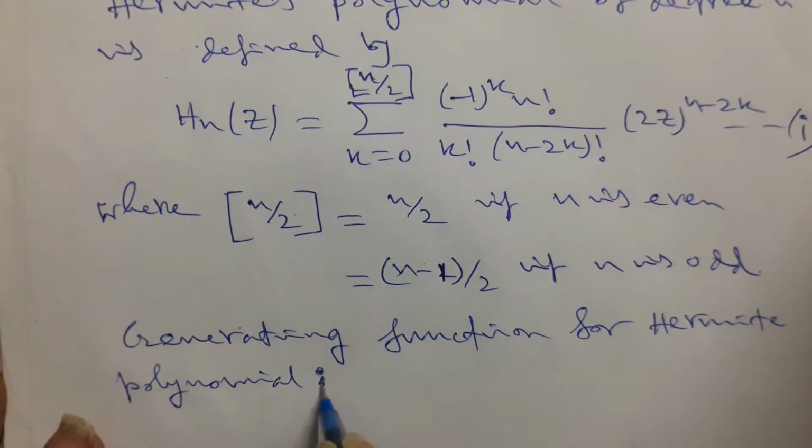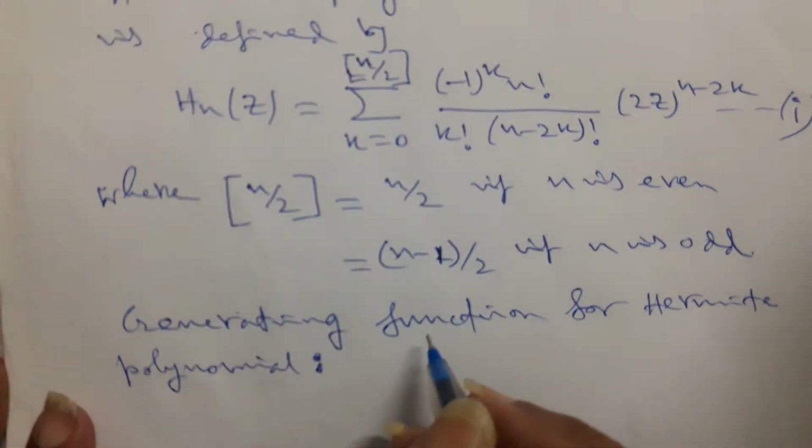If we study the generating function, the Hermite polynomial is obtained from the coefficient of t to the power n by n factorial in the expansion of the exponential of 2tz minus t square.